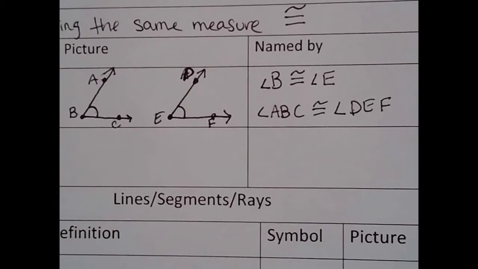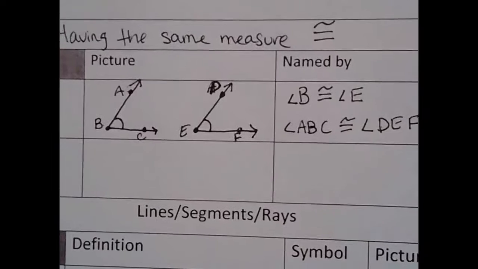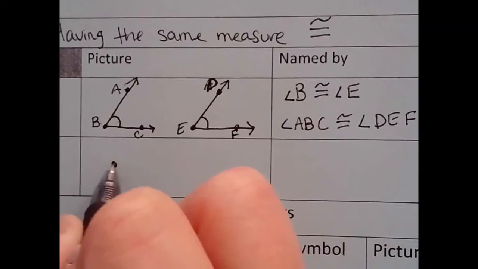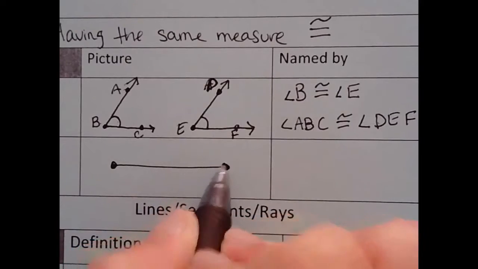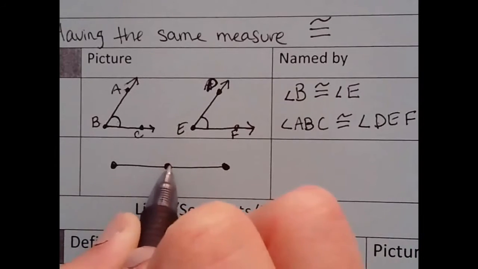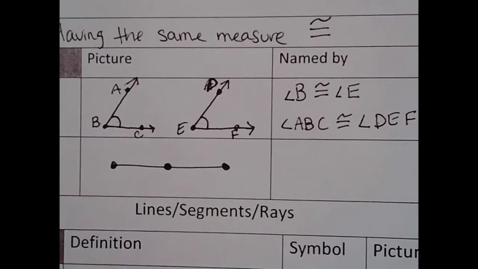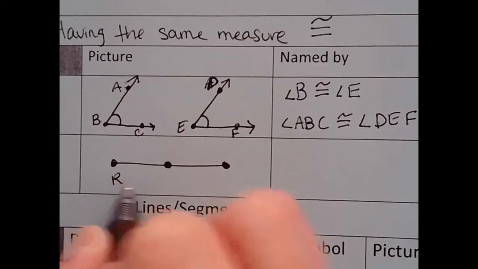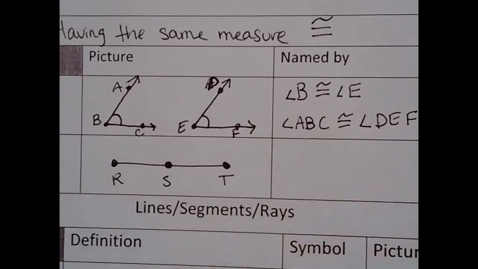Next part we have is segments. So if I draw a segment, something like this, I'm going to try to draw my middle dot perfectly in the middle. So I'll say this is RST. If S is directly in the middle, we could call it the midpoint.